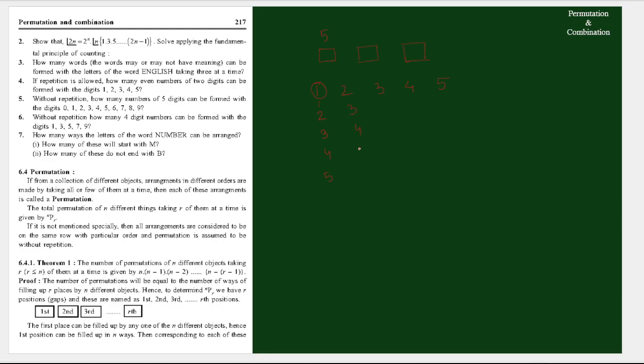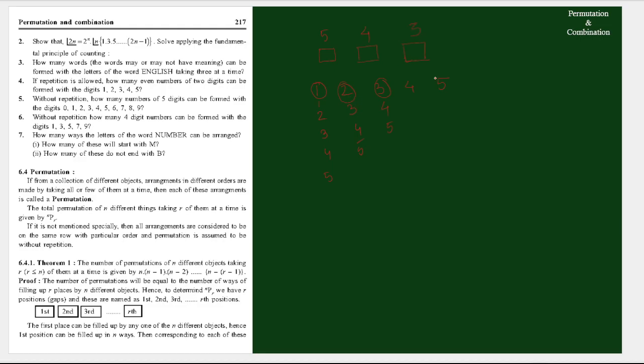From these 4 digits you can set the second place, so here you have 4 options. And for the third place, suppose you have used 1 and 2, then the remaining digits are 3, 4, 5, so the third digit has the freedom to choose 3 times.